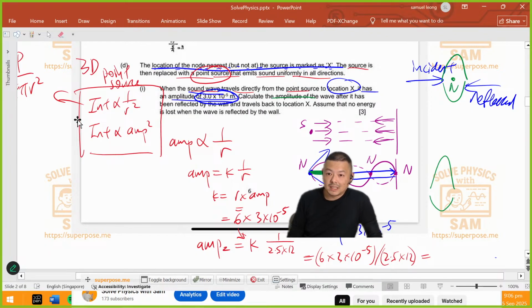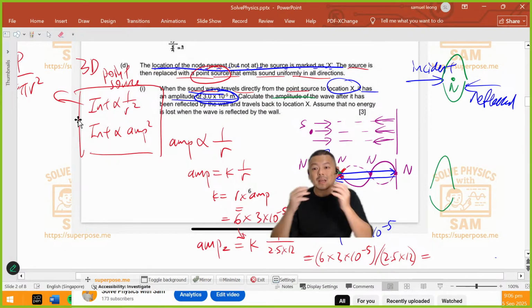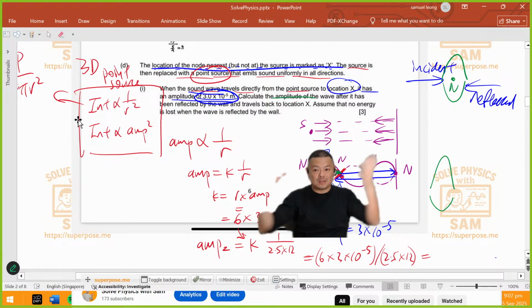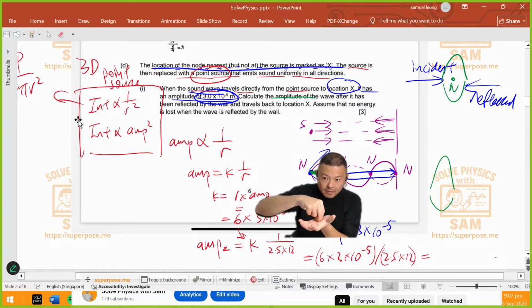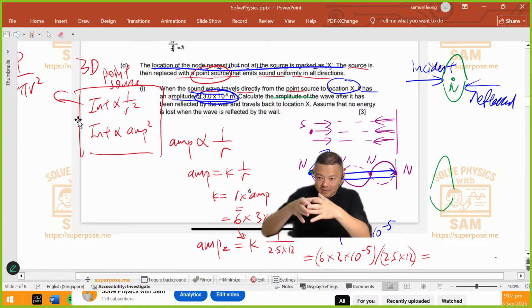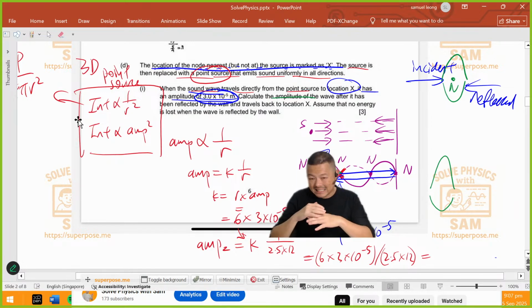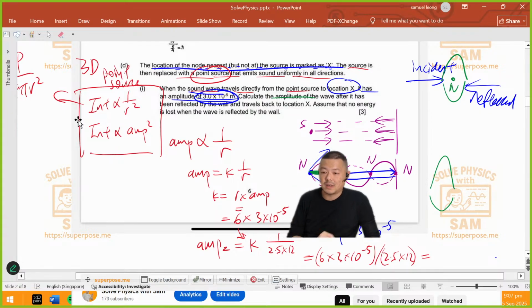You're asking me how do I know whether it's 2D or 3D. If they say point source, you take it as 3D. It's a sound wave, so you can take it as 3D. When I speak, sound is spread out three-dimensionally. If it's a water wave, water surface, then the wave is concentrated on the circumference. These are the only two versions I've seen so far.